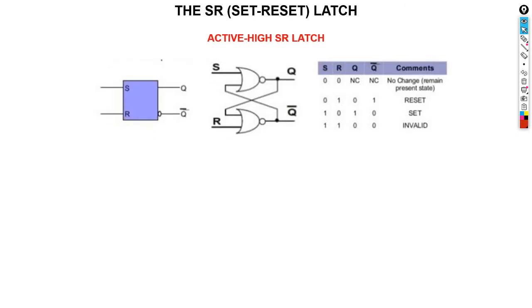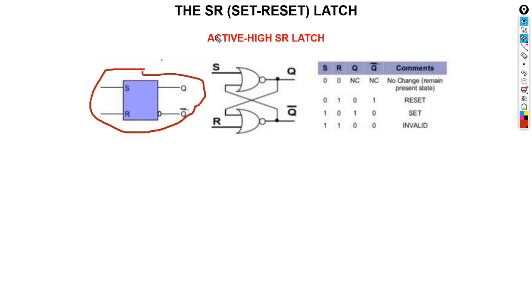So the first type that we're going to discuss is our SR, set reset latch. For this type, this is the symbol that we are going to use. When you see this symbol, know that this is your SR latch, set and reset.